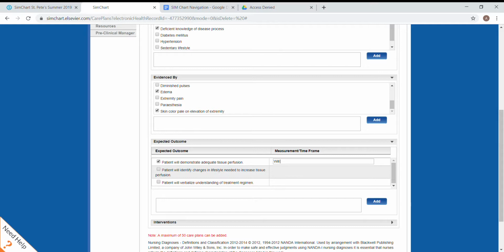Let's see, what could we put? We'll have, let's say edema will improve from 2+ to 1+ edema after elevation of lower extremities by end of shift.